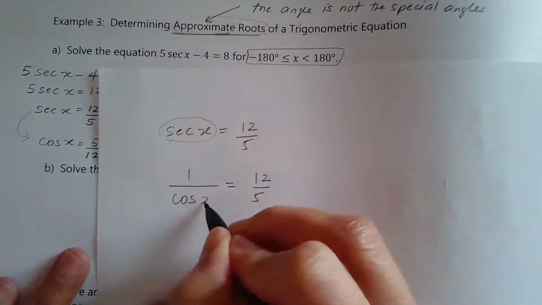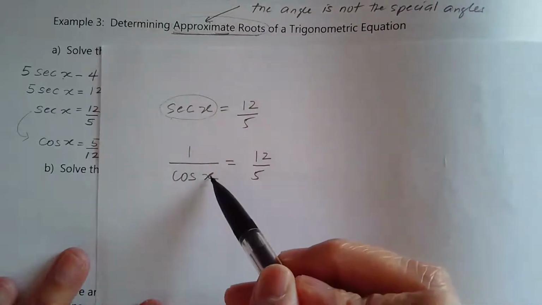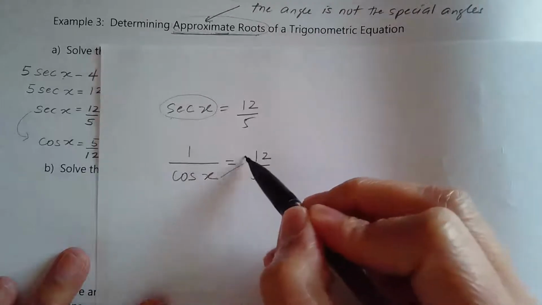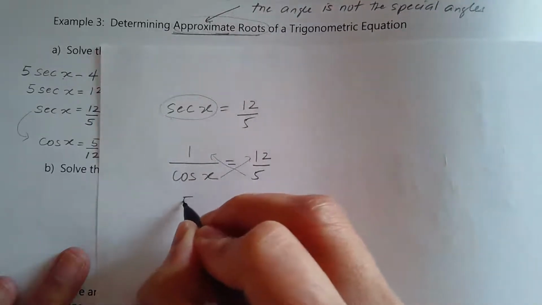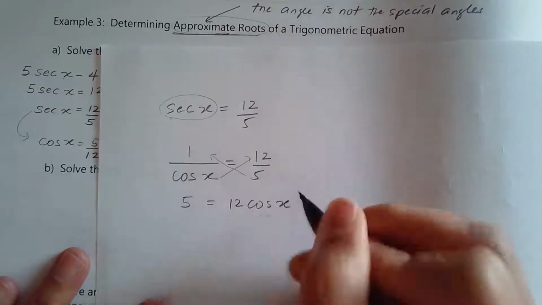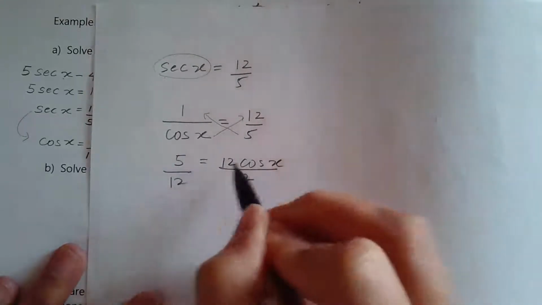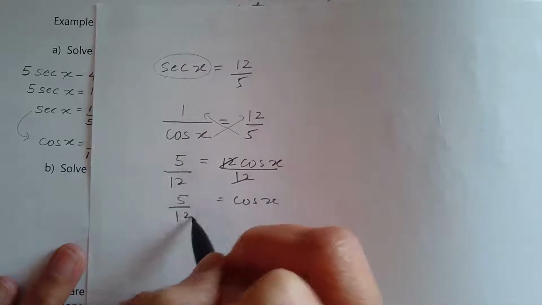How can we have the cos of x in the numerator? If I cross multiply, that becomes 5 equals 12 cos of x, and then divide both sides by 12, so cos of x equals 5 over 12.